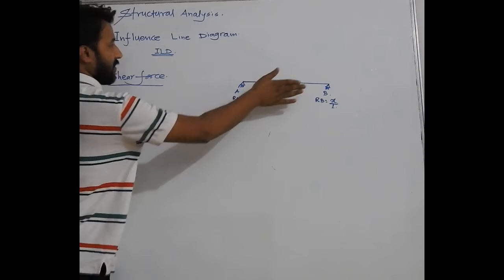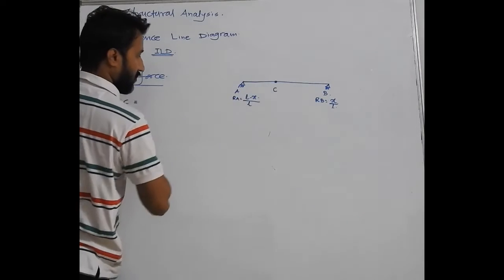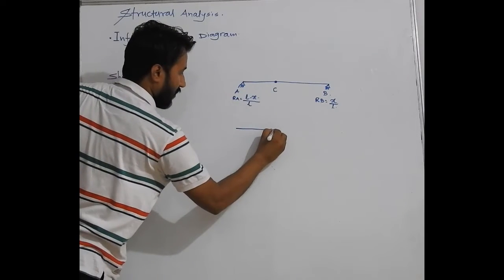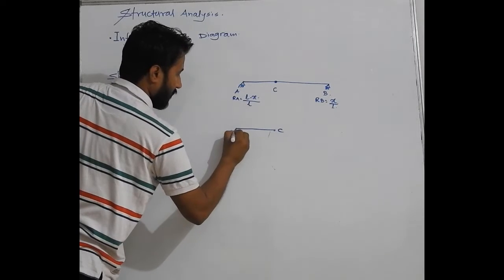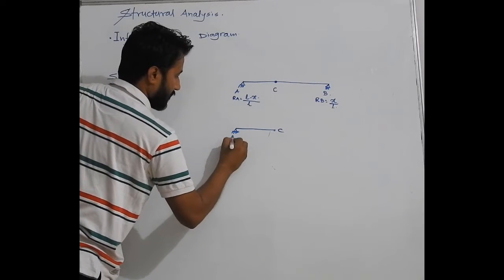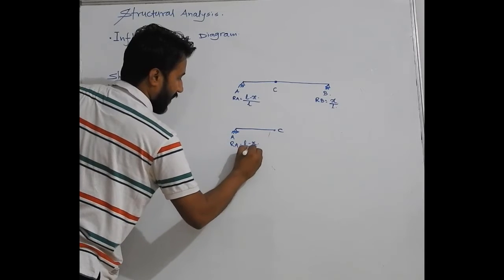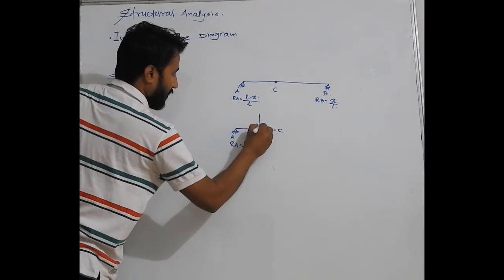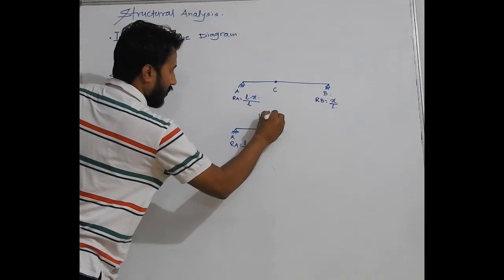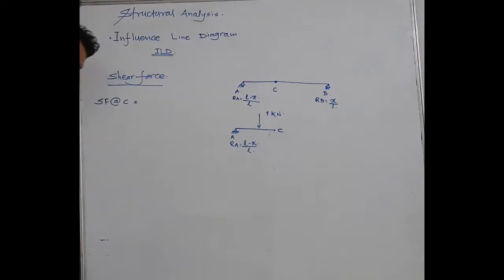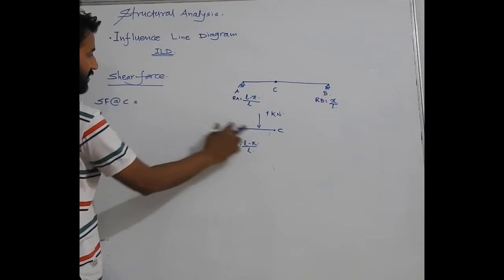So first we will take this AC portion, and only this AC portion we will draw. This is A, this is RA, L minus x divided by L, and consider this 1 kilonewton load in the AC span at any point. So we will calculate shear force at C.